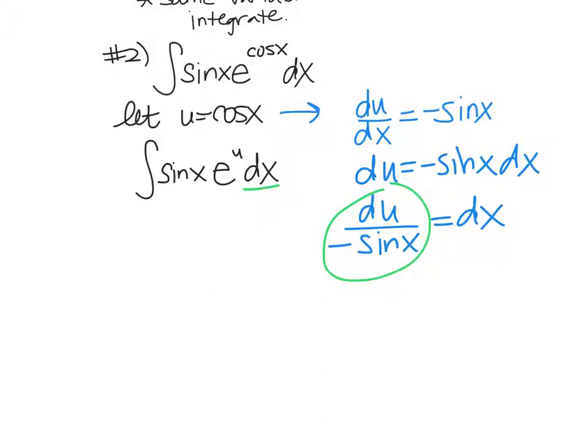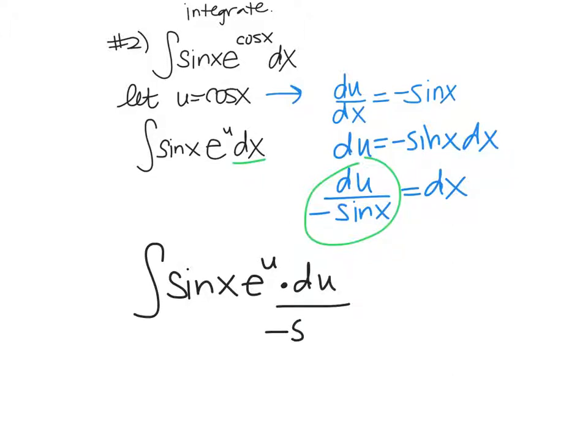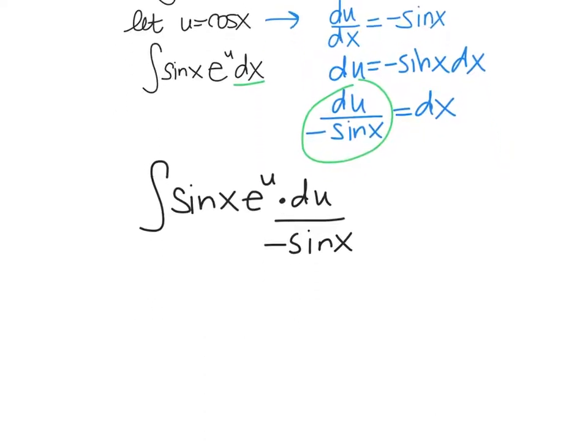You ready for it? Can you see it? Does anyone see any algebraic foreshadowing? No? All right, here it comes. The integral of sine x, yes, e to the u times dx, and dx is du over negative sine x. And it's going to work out this way. It has to. That's the way they've planned it all to work out.